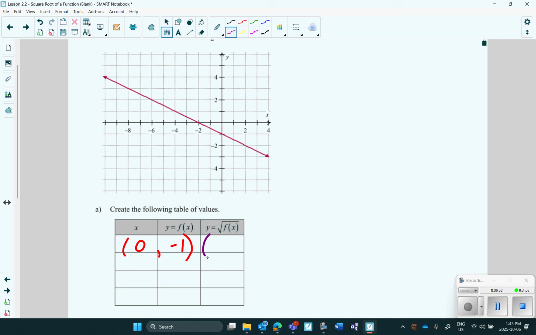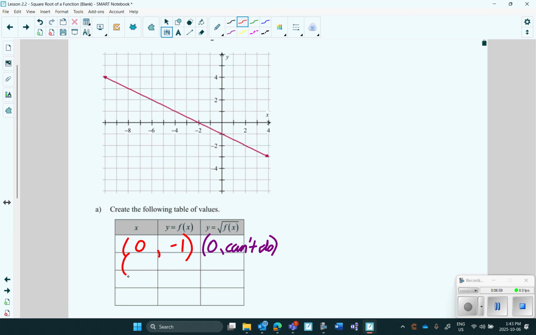What would the point be on the square root? Can't do it. So that means there's no point here on the square root one, which makes sense because you can't take the square root of a negative number.